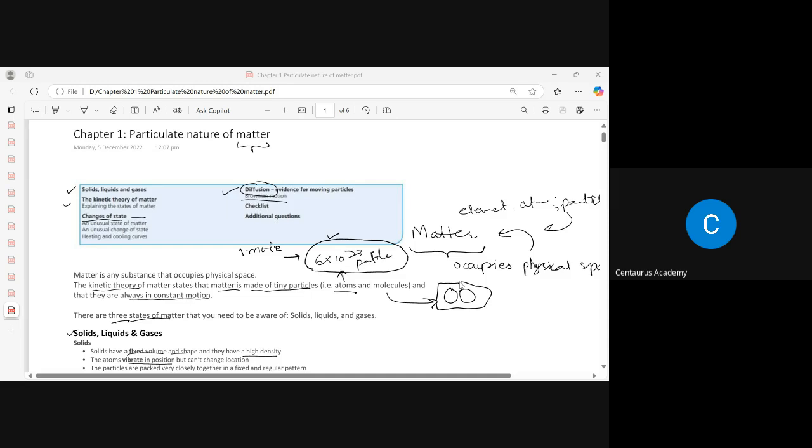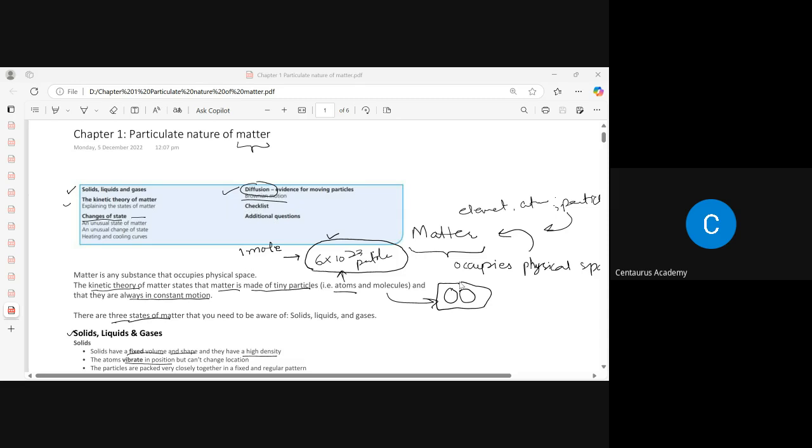Now, the kinetic particle theory of matter tells you, if you decode this terminology, that kinetic literally refers to movement, or something which is moving around. So this theory of matter is about these tiny particles, whatever matter you're talking about, always being in constant motion.